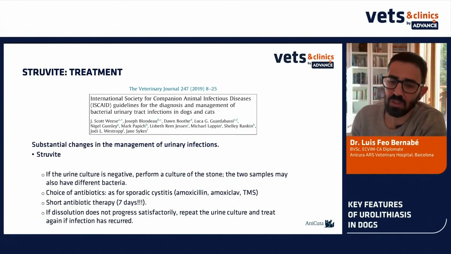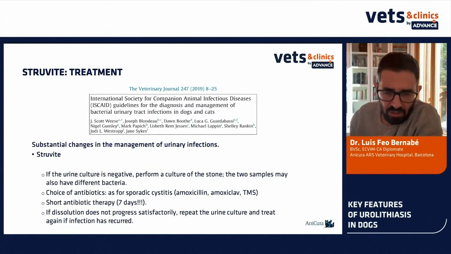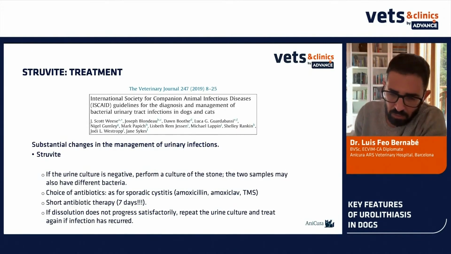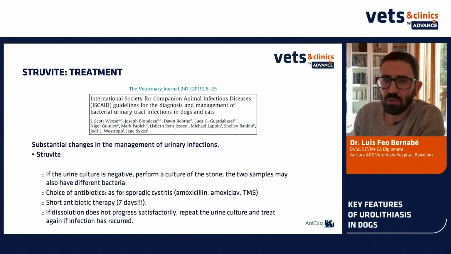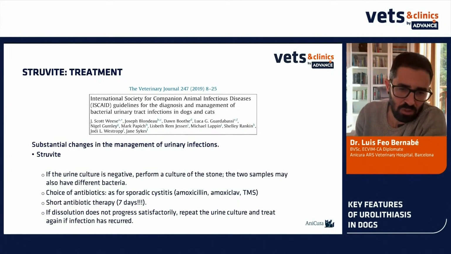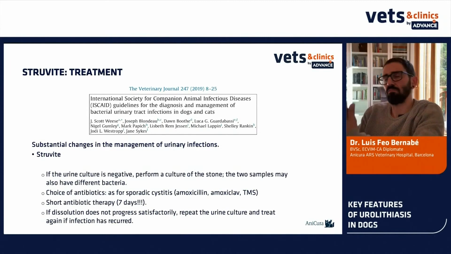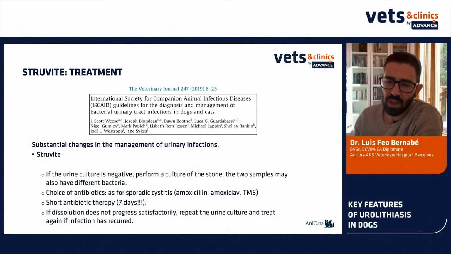If the dissolution does not progress satisfactorily, when you started this treatment with diet and antibiotic and you still have the urolith with the same size, you need to repeat the urinary culture and treat the infection again if you have a recurrence, or maybe you have a mixed composition stone that you need to remove, not only medically, or you will not have a medical dissolution of this stone.